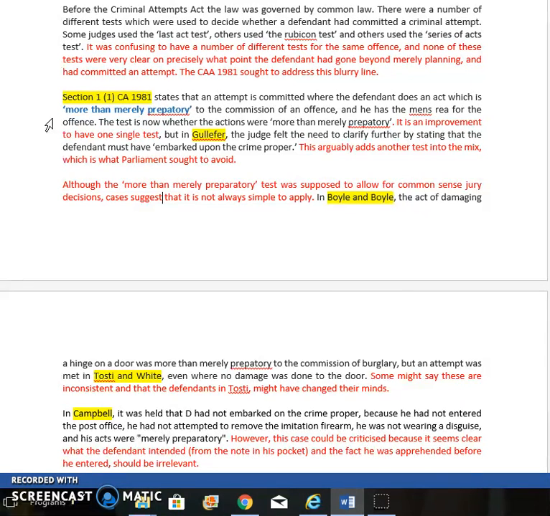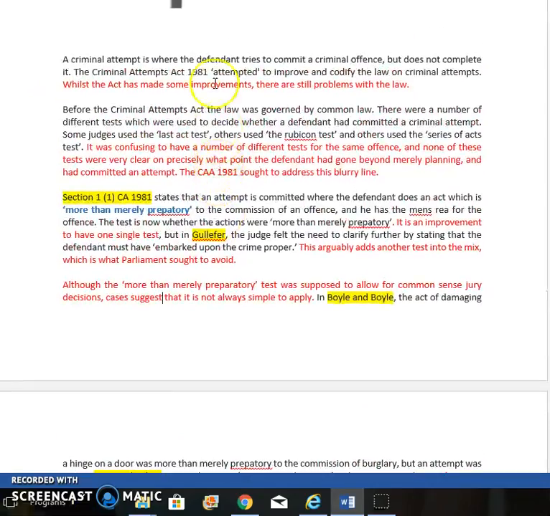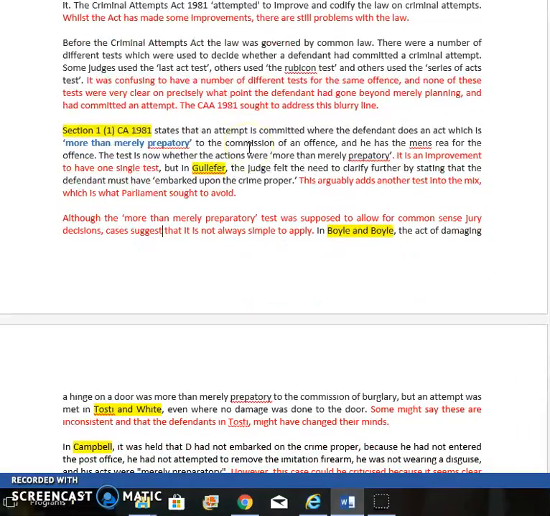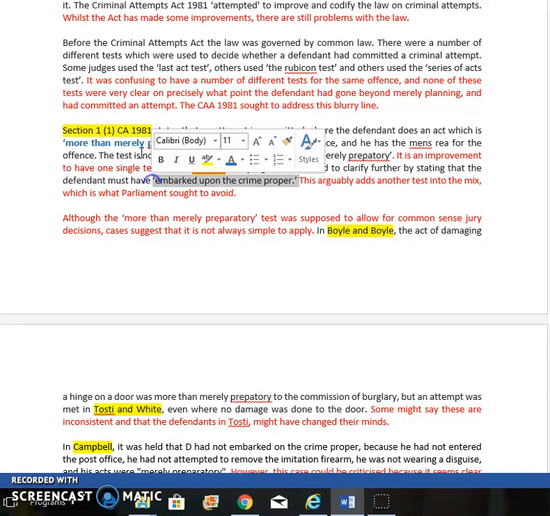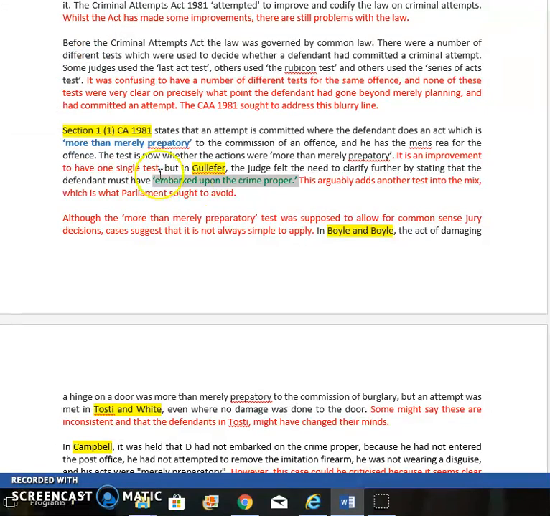But what was quite interesting was the judge, it was Lord Lane in this case, felt the need to clarify the test further. So here we've got this test that is supposed to be clearer than these tests, and the judge in Gulliver has now added another test, and I'm going to do that one, I'll do it green.